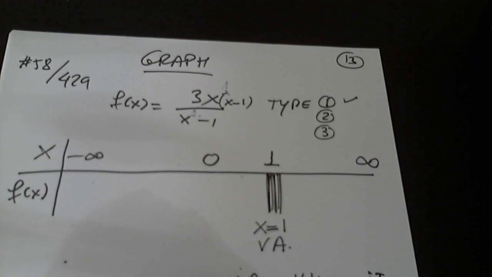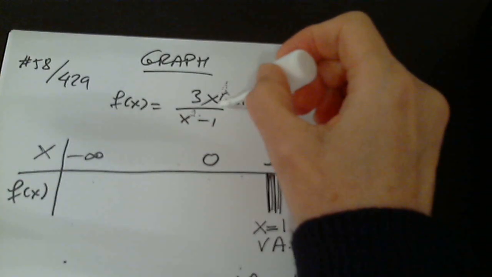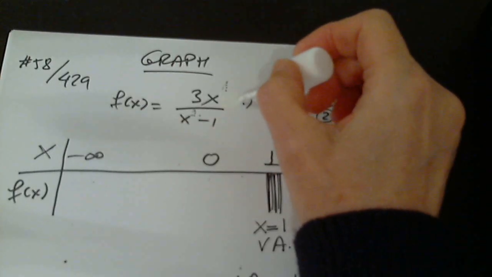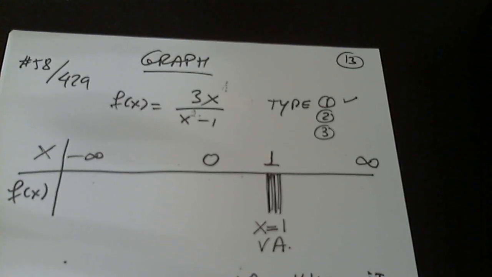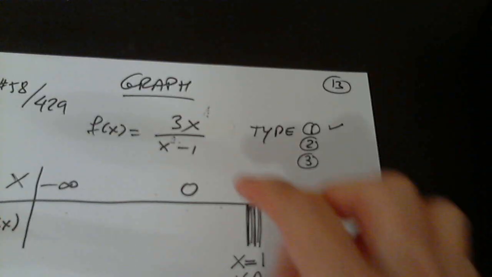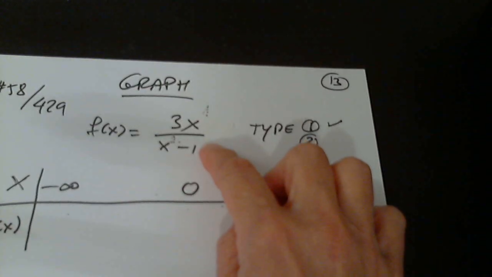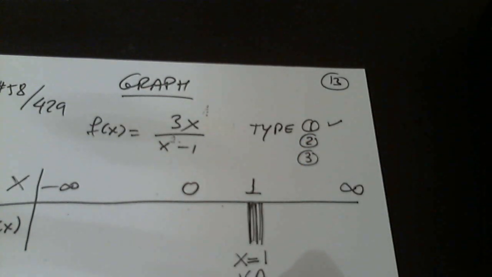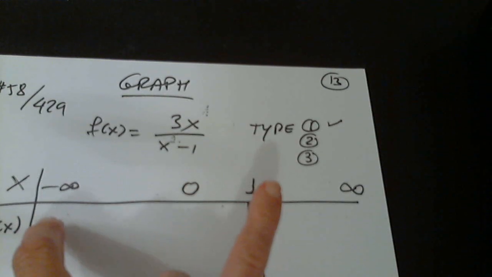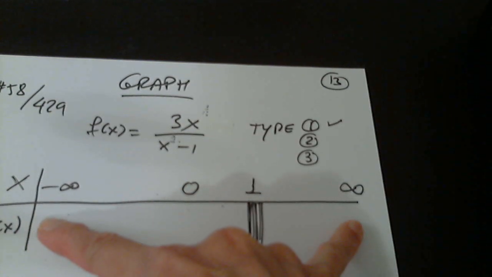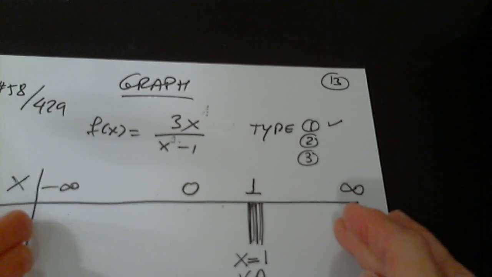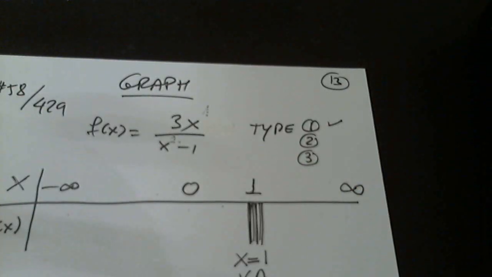Okay, so in this case, the factor of x minus 1 doesn't go anywhere. Therefore, x equals 1 will be a vertical asymptote. The factor is there. Therefore, x minus 1, x equals 1 is a vertical asymptote. Now, what did we say about the horizontal asymptote, which is also the end behavior for such a function?